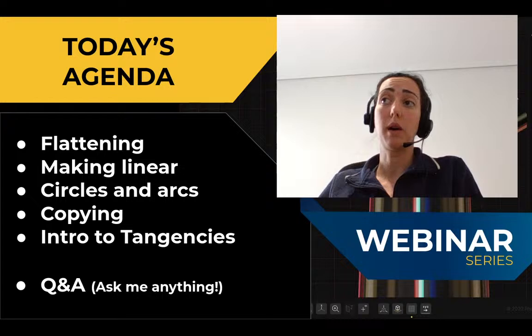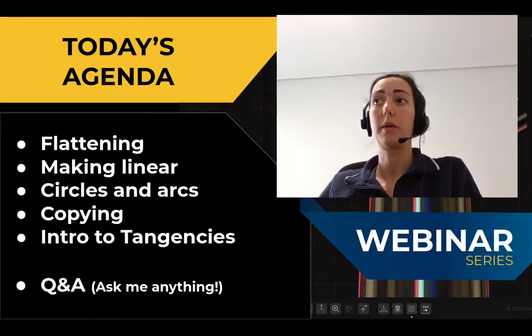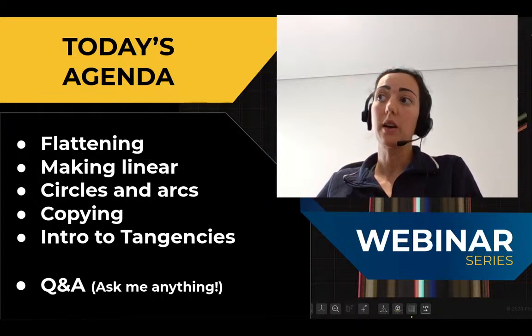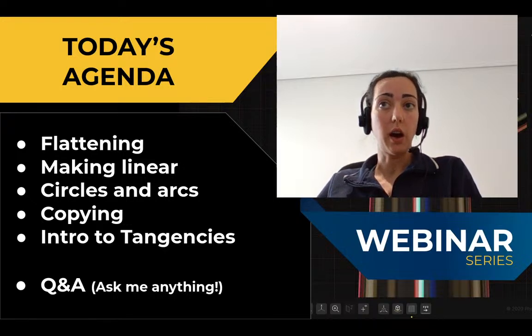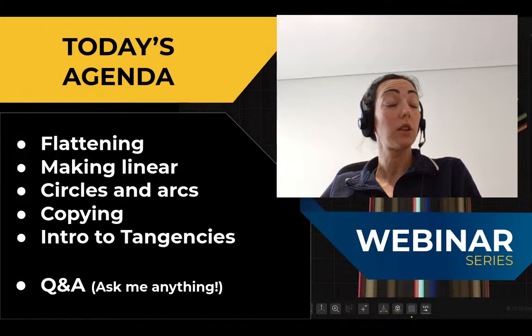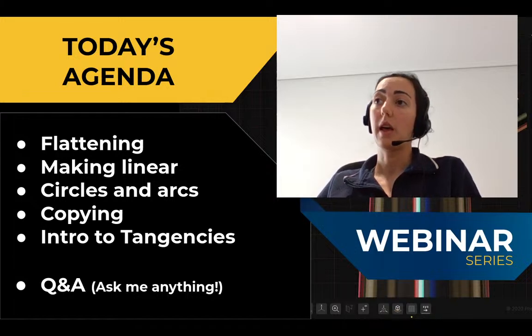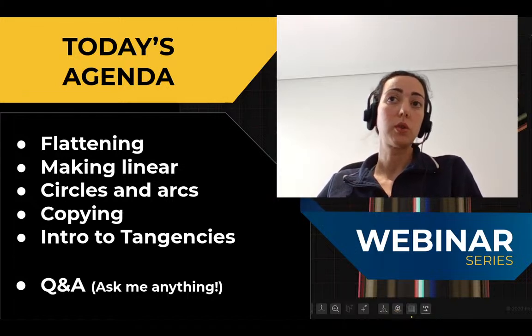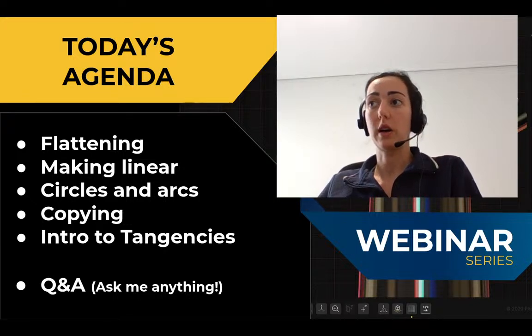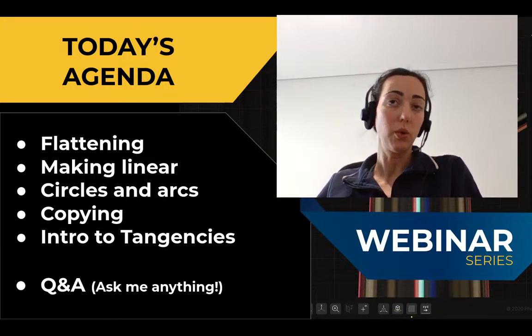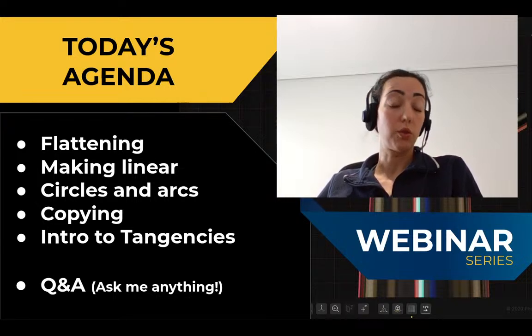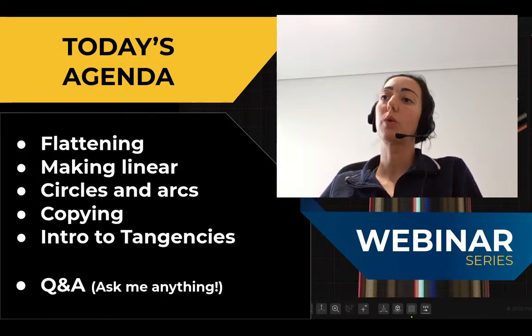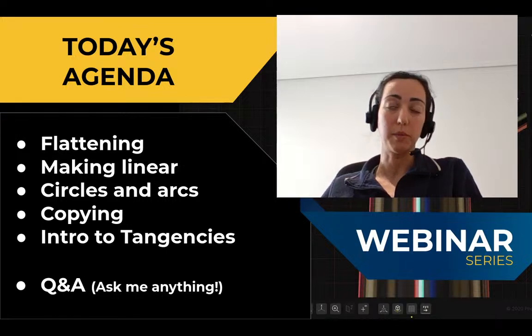So we will speak about flattening, making edges linear, designing circles and arcs, and also copying edges. We will also have an introduction to the Tangencies tool, which is part of tutorial 8, and we will continue that next time.